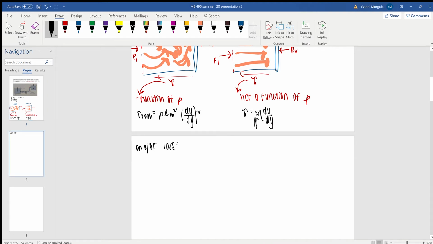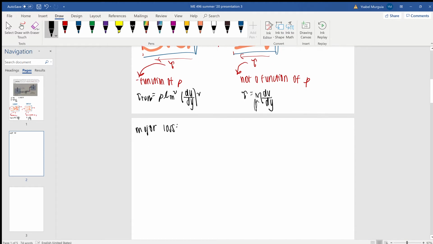Major loss exists in every pipe. Head loss due to viscous effect, and I'm just pulling this information out of the textbook. But I did want to just go through these definitions really quickly before solving the problem because they are important.